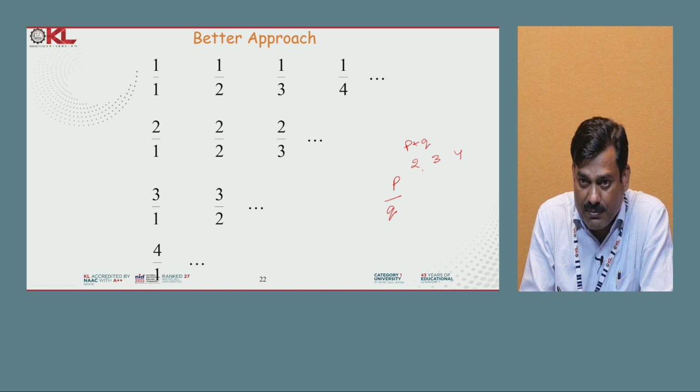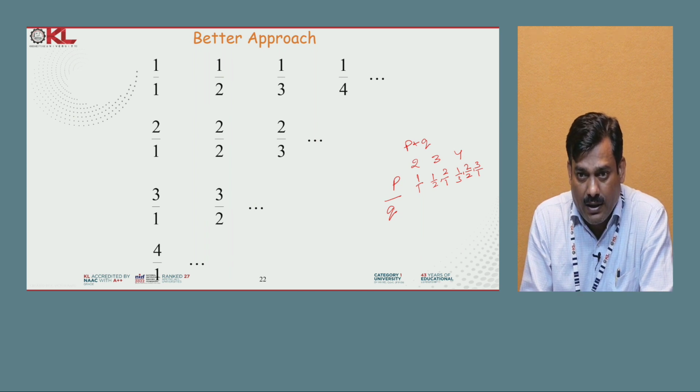I take all the rational numbers whose sum p plus q is 2: that is 1 by 1. Then for the sum 3 we have 1 by 2 and 2 by 1. Next, for 4, we have 1 by 3, 2 by 2, and 3 by 1. These are the rational numbers with the sum p plus q equal to 4.